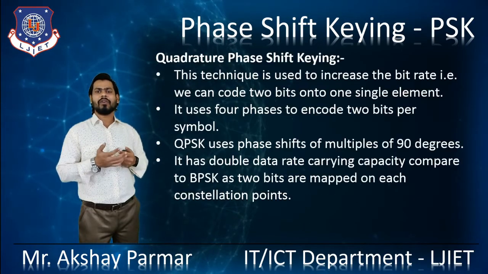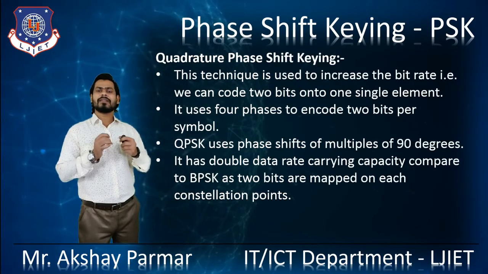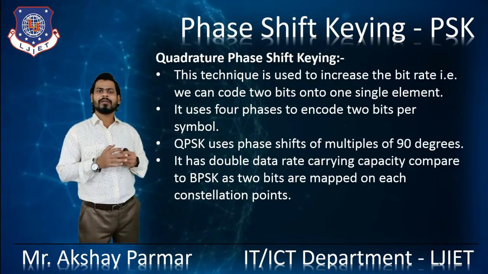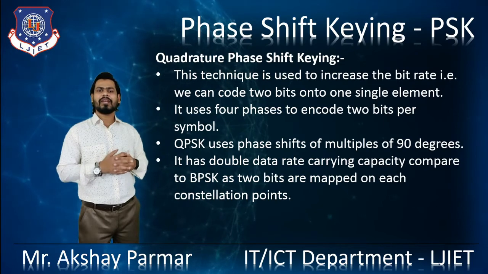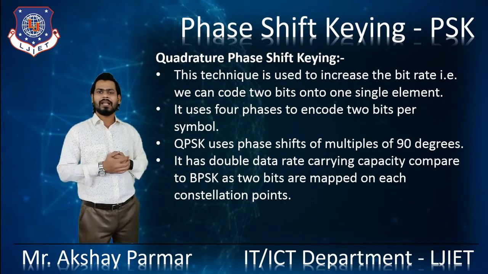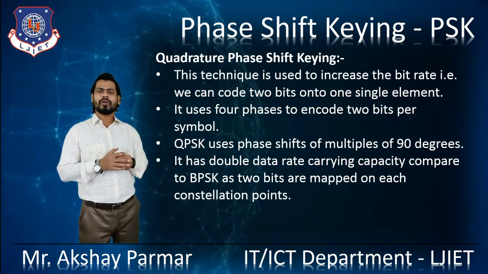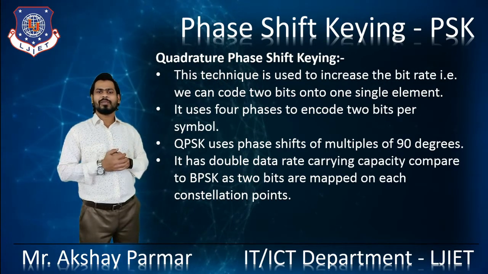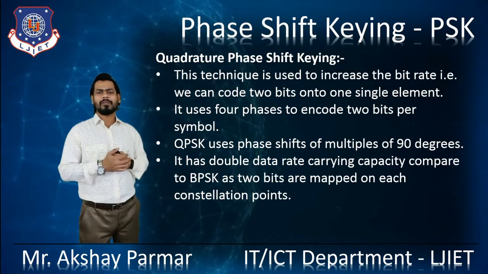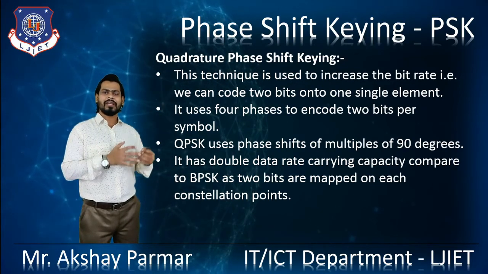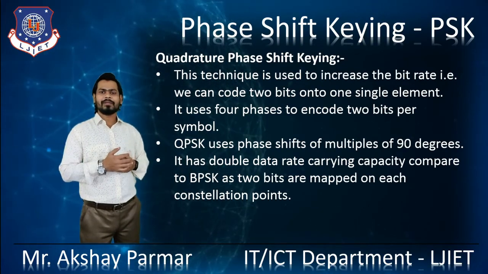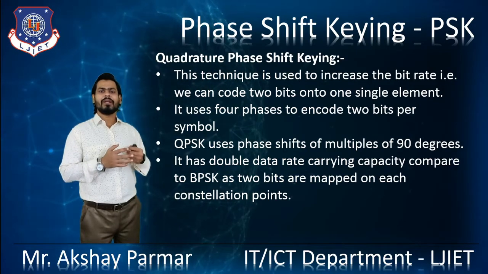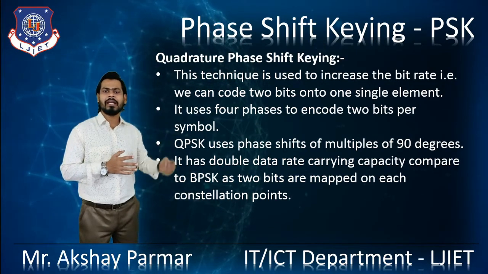After that, let's see quadrature phase shift keying. So what is quadrature phase shift keying? This technique is used to increase the bit rate. For example, we can code 2 bits into one single element. It uses 4 phases to encode 2 bits per symbol. Quadrature phase shift keying, QPSK, uses phase shifts that are multiples of 90 degrees.